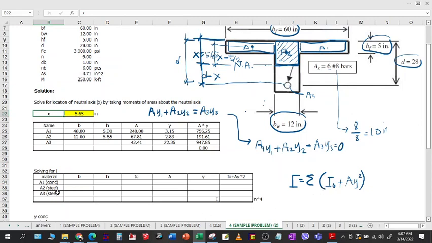We have area for concrete and area for steel. So area 1 is concrete, area 2 is still concrete, and area 3 is steel. So let us now plug in the values here.